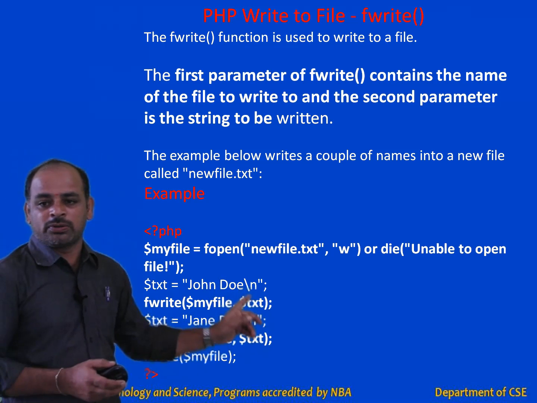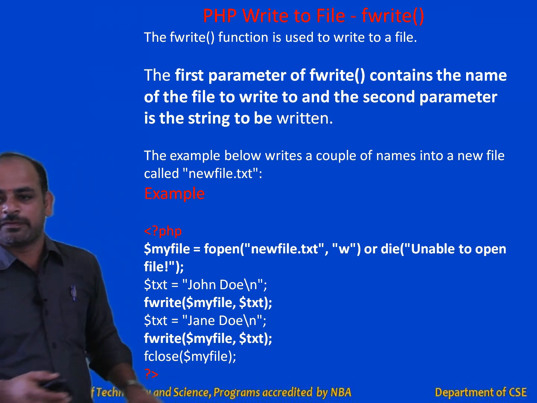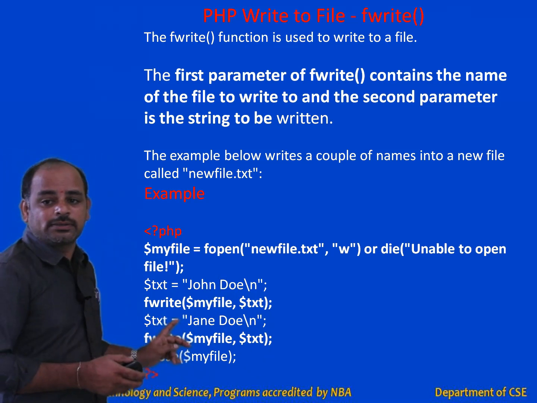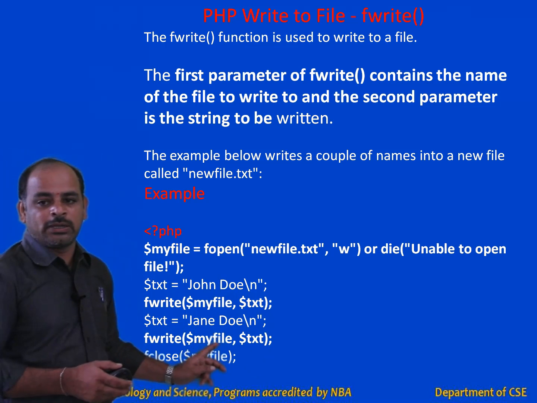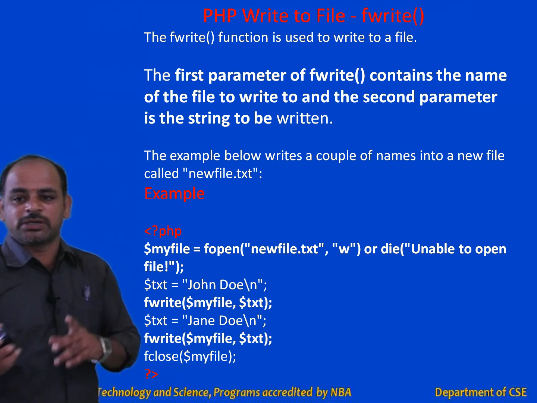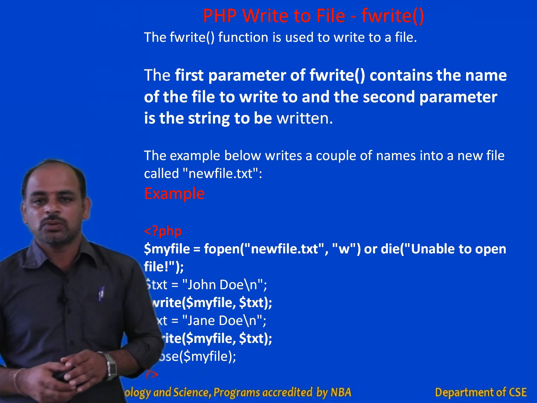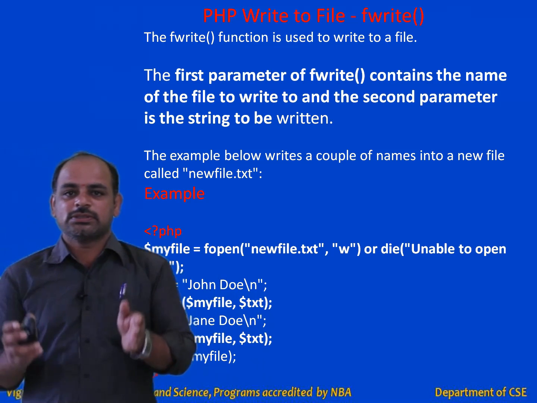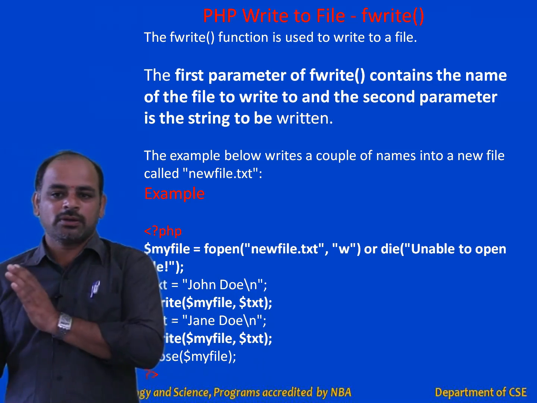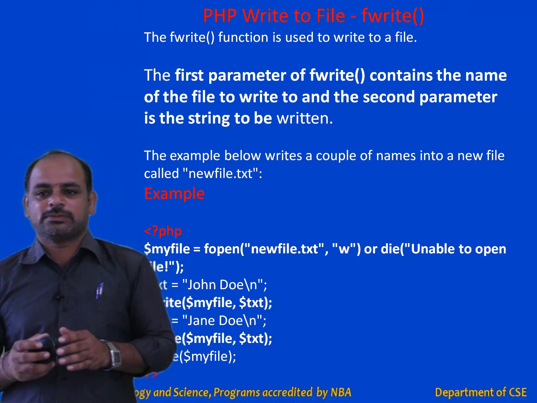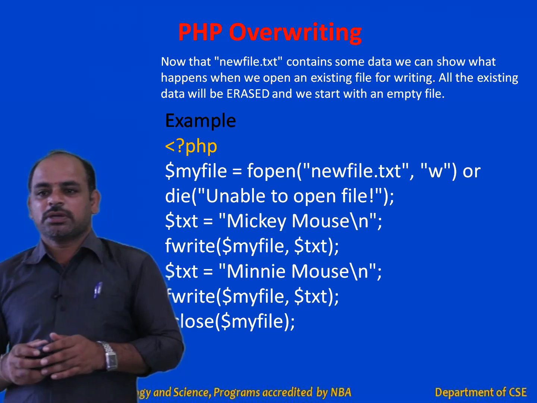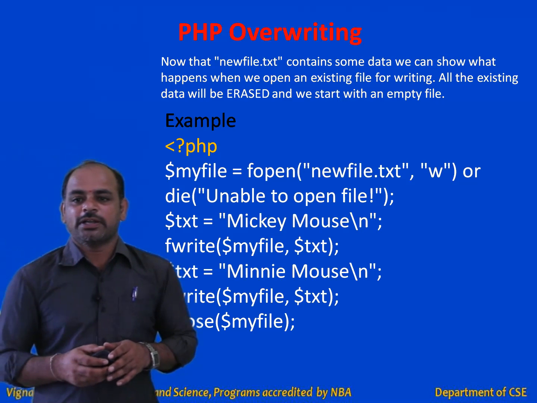Text means John Doe will be written into that particular file. Again, the second data which you want to write, again text John Doe, again fwrite, again file name, again text which is to be written, and then finally we have to close the file. So this is how to perform the write operation onto that file by using the fwrite function. Next, overwriting. What does overwriting mean here?